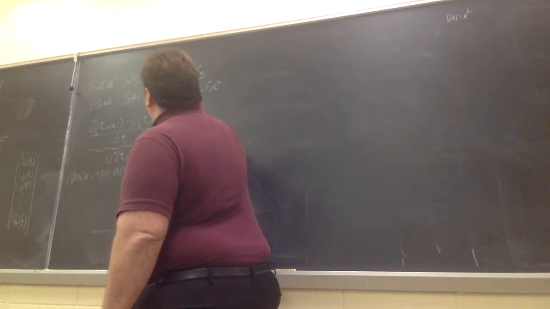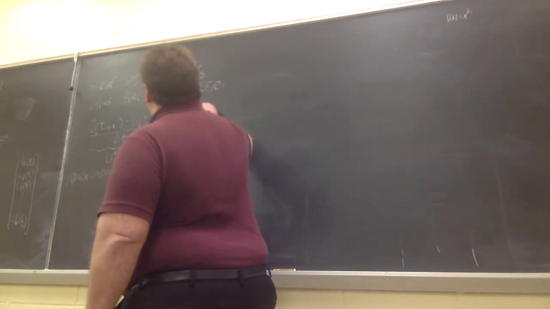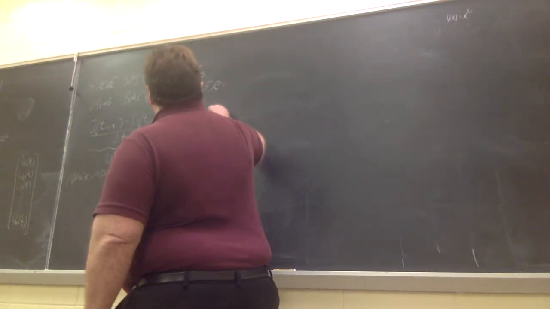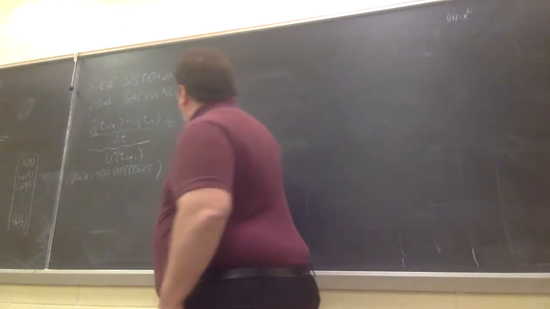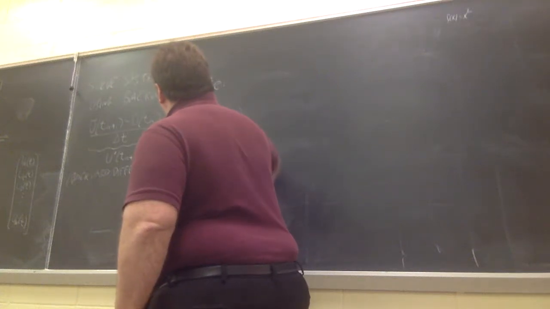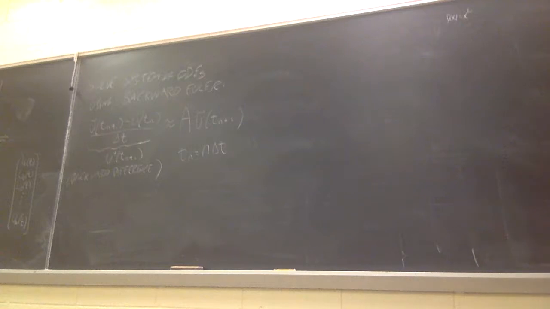That is approximately equal to the matrix A times U, at Tn plus 1. So what I did was I evaluated the system of ODEs at time Tn plus 1. Now, Tn is equal to n times delta t, where delta t is some chosen time step.